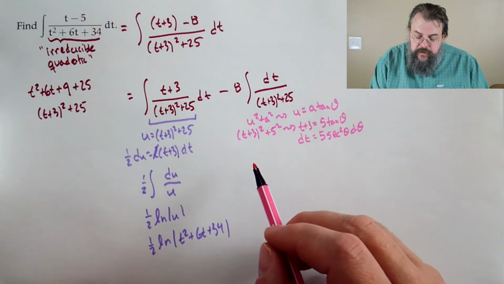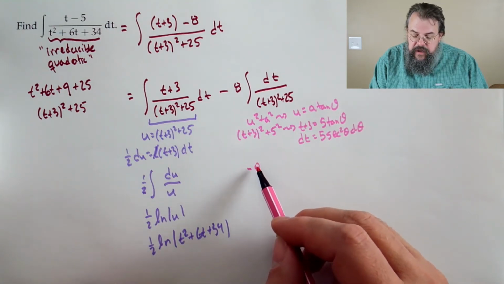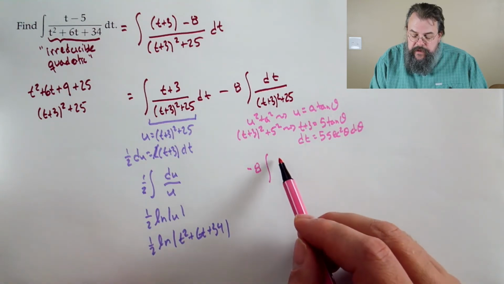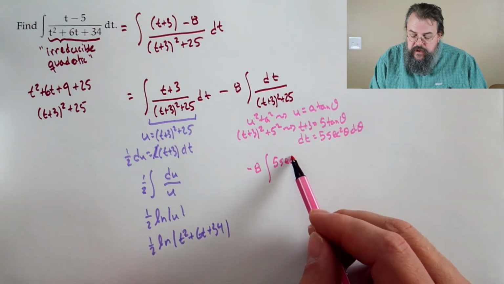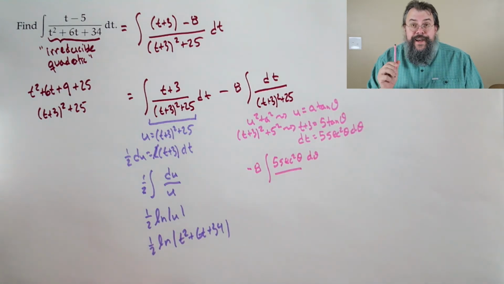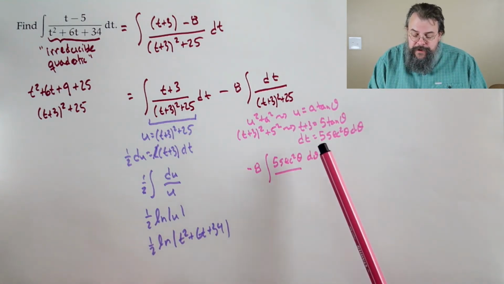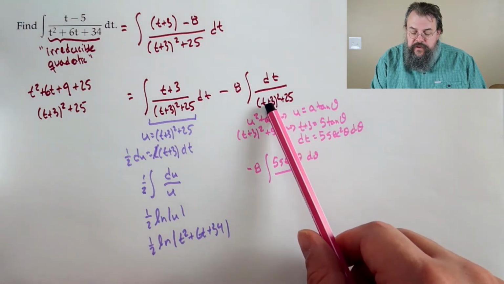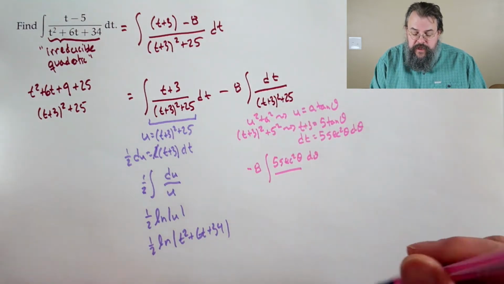And now, if we simplify, well, what do we have? Minus 8. I won't forget that minus 8. Then we're going to get 5 secant squared theta d theta upstairs. And what's happening downstairs? Well, we're going to replace t+3 by 5 tangent theta. So it's 25 tangent squared plus 25.